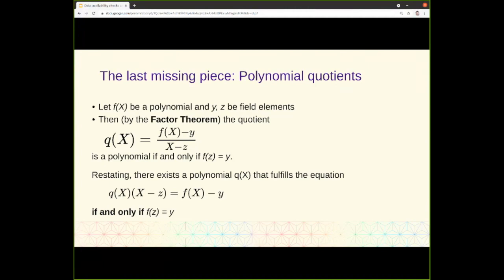The basic idea here is that if f of z equals y, then x equals z will be a zero of the numerator, so it can be divided by x minus z. And if you reform this, then you see that q of x times x minus z equals f of x minus y will have a solution q of x that is a polynomial and not a rational function, only if f of z equals y.